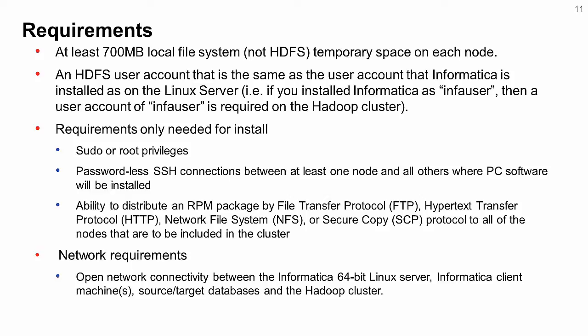If you're using the installer that Informatica ships, what you need is to have sudo or root privileges and a passwordless SSH connection between the nodes, because remember, what you'll be doing is distributing the binaries, the RPM package, on all of the data nodes, and then you have the ability to distribute the RPM package, right? So it's either FTP, SCP, or NFS protocols, or HTTP.